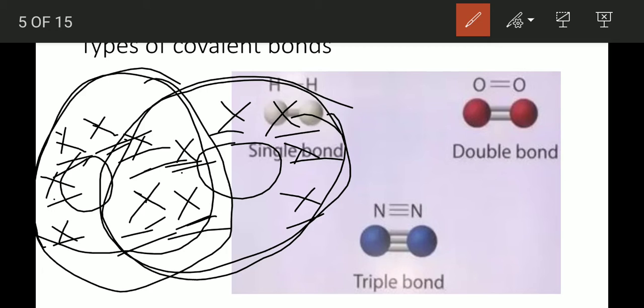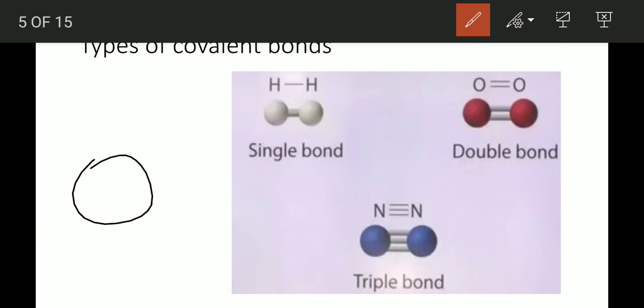In the first I stated that to form a bond there must be 2 electrons. But here there are 4 electrons. That means 2 bonds have been formed by sharing of electrons. That's why this is called double bond.